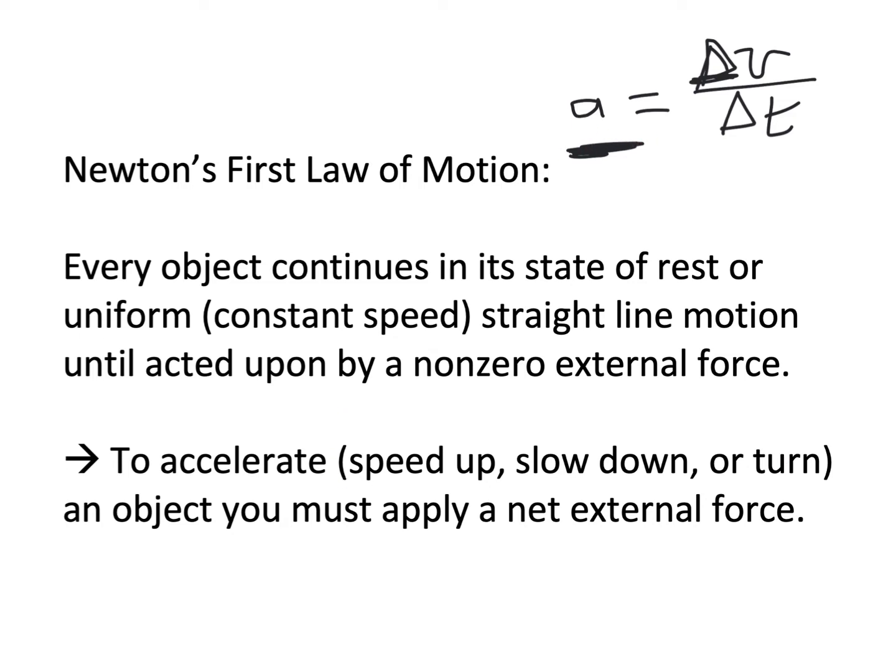So the stuff in the parentheses is just to remind you what it means to accelerate something, but the actual formulation of the first law is this, and I think it's a lot easier to remember. To accelerate something, you must apply a net external force. And that is Newton's first law of motion.